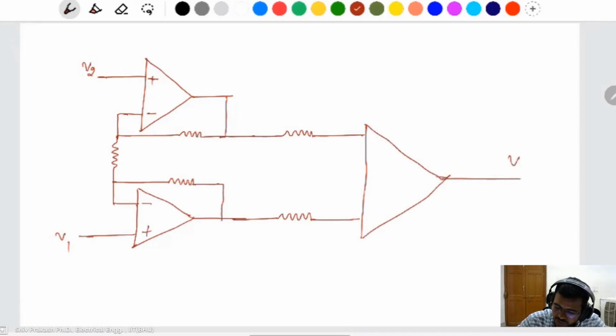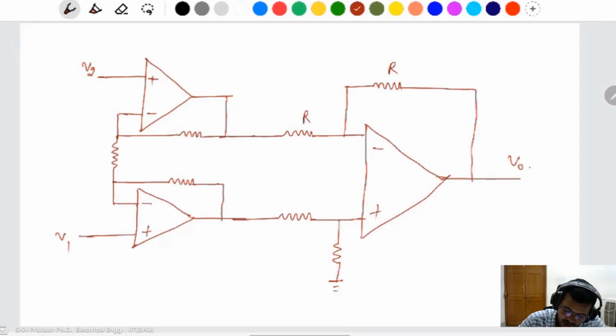This is the output, negative, this one positive, another resistance is there here. So the feedback resistance, all resistances are the same value R, R, R. This will be 2R, this will be R, R also R. Okay, I have taken some assumptions.